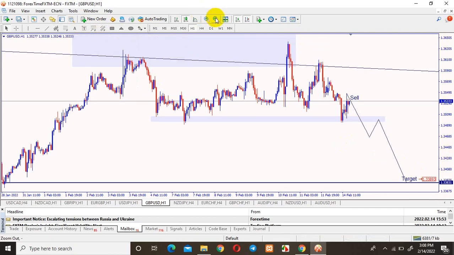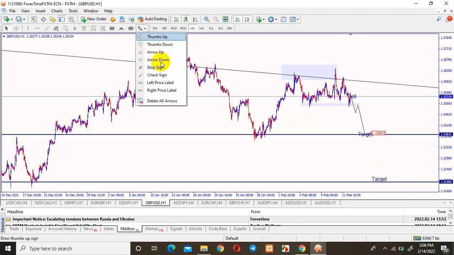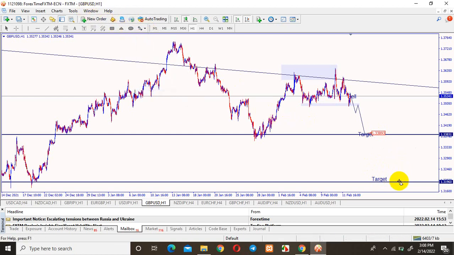And if we move further down, there's another next target here, which is around 1.32. So thank you and God bless you.